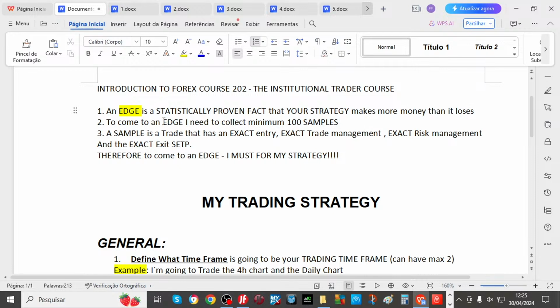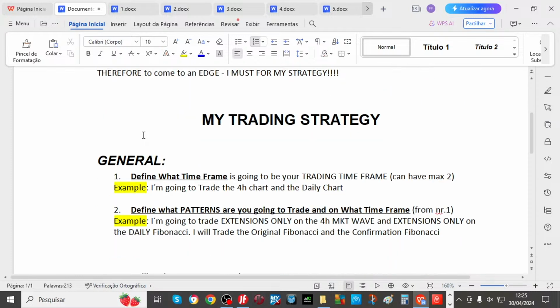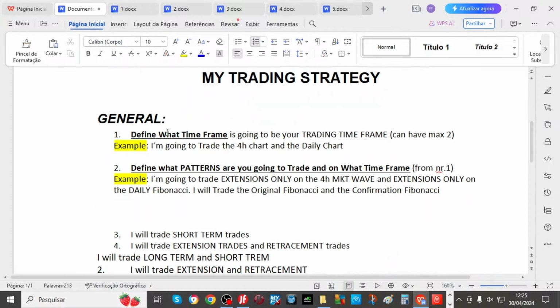How do you come to an edge? You must collect a minimum of 100 samples. What is a sample? A sample is a trade that has the same entry, same trade management, same risk management, and same exit. You cannot pick and choose.